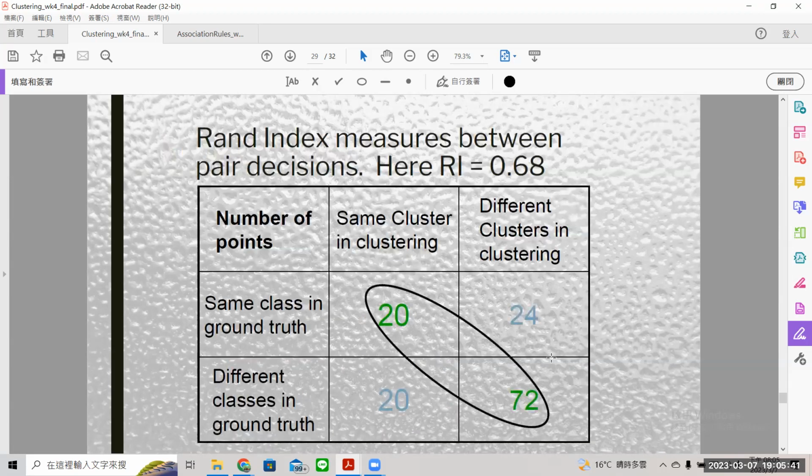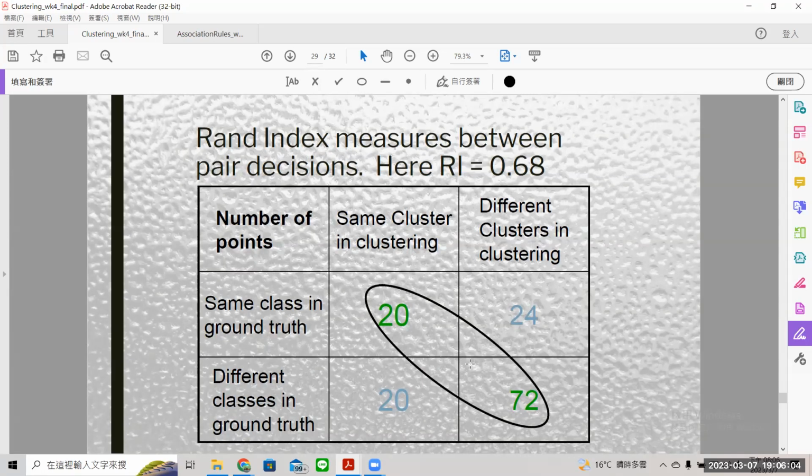You can also use the Rand index. For all the points, one case is the same class in the ground truth and the same cluster in the clustering.